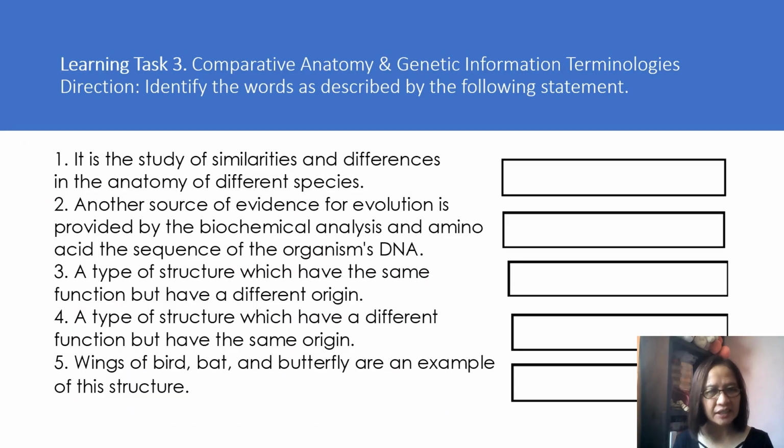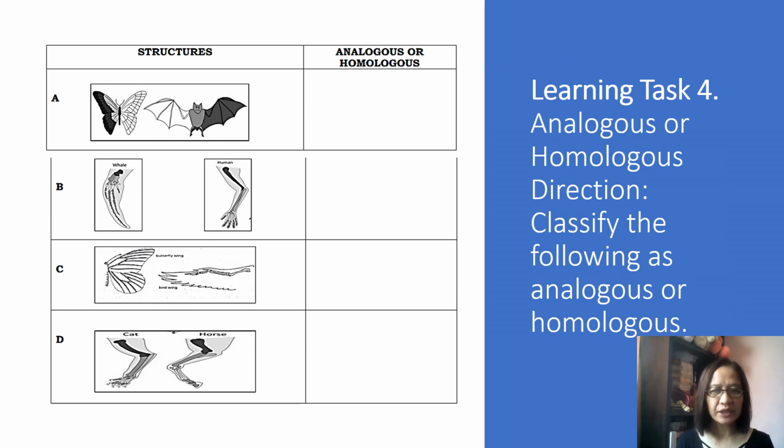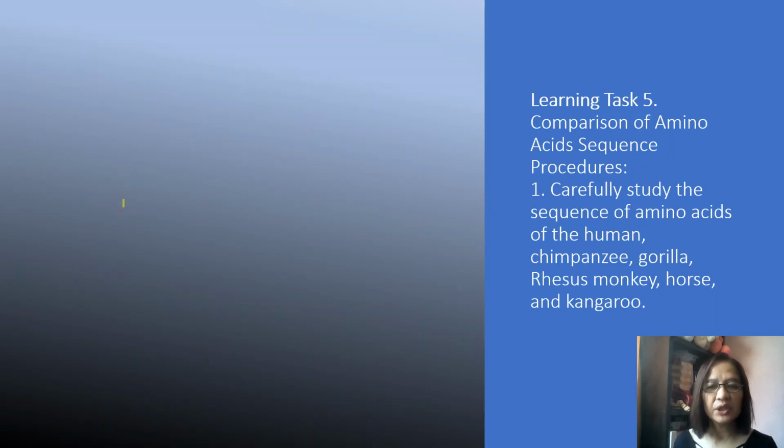For your learning task 3, identify the words as described by the following statement. Learning task 4, I want you to classify the following as analogous or homologous. For your learning task 5, comparison of amino acid sequence.